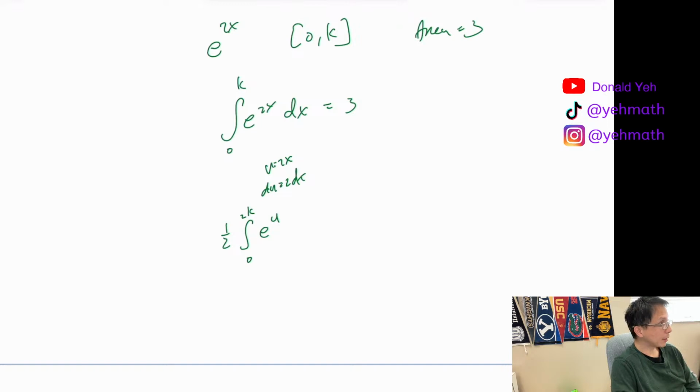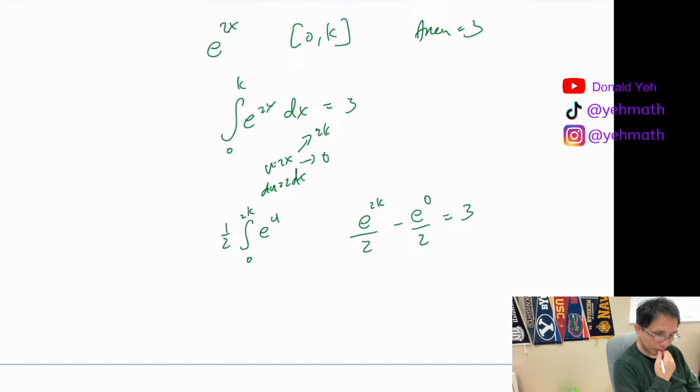Am I going too fast? Plug in k, so it's 2k. Plug in 0 is 0. So it'll be e to the 2k over 2 minus e to the 0 over 2 is equal to 3. So e to the 2k over 2 minus 1/2 equal to 3.